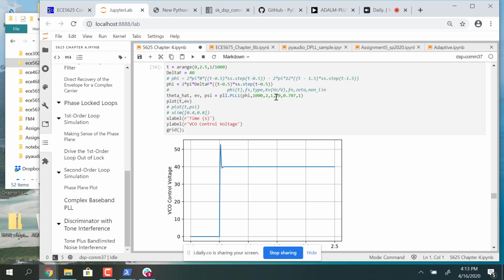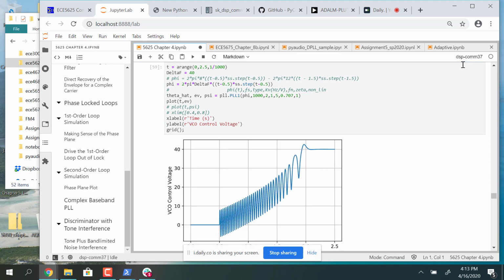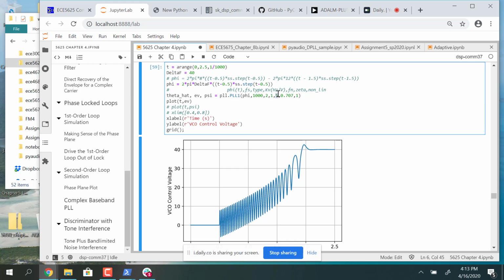On the other hand, if I make the natural frequency less, like 5 instead of 10, now it takes even more cycles to pull it in. Let's go back to 10, and let's go back to 10 over here.